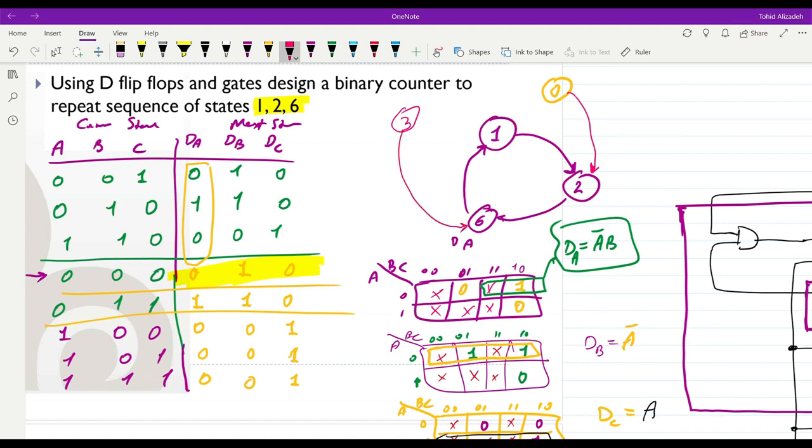If we are in 4, we will go to 1. So from 4, we will move to 1. And from 5 and 7, we will also go to 1. So you can see that in one clock pulse, we will transit to one of the main states of our counter if we happen to be in any of the don't care cases.